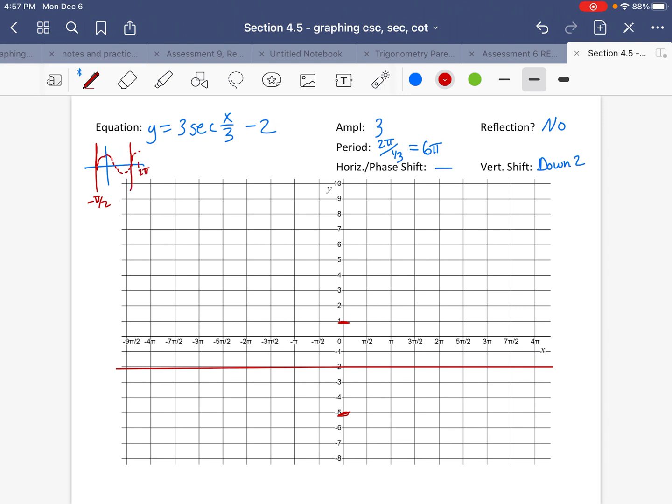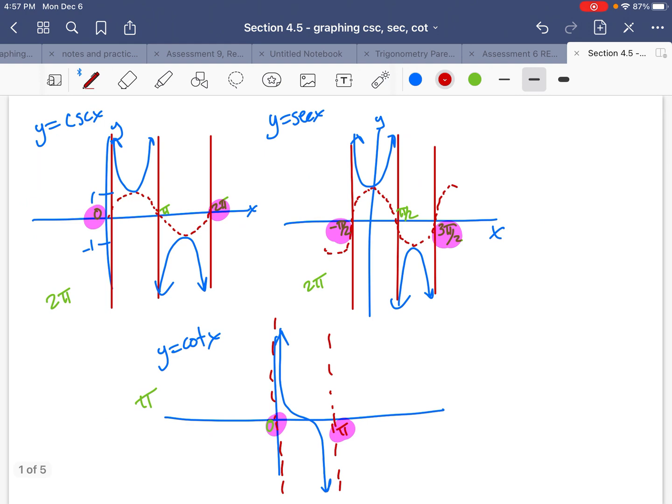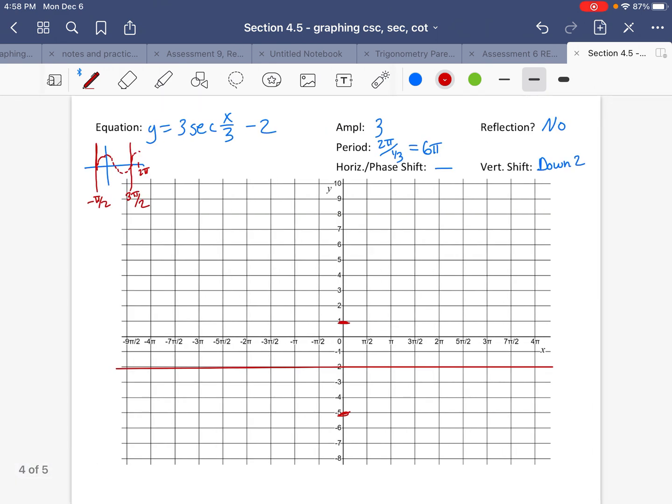Cosine was finishing at 2 pi, but at 3 pi over 2 was that other asymptote. If you go back to our original graph, what we're trying to come up with is these two things right there.